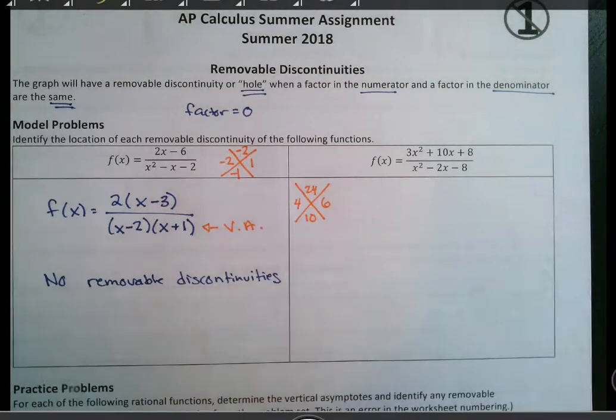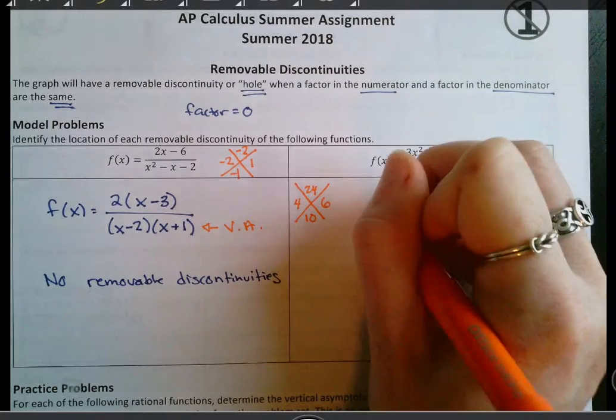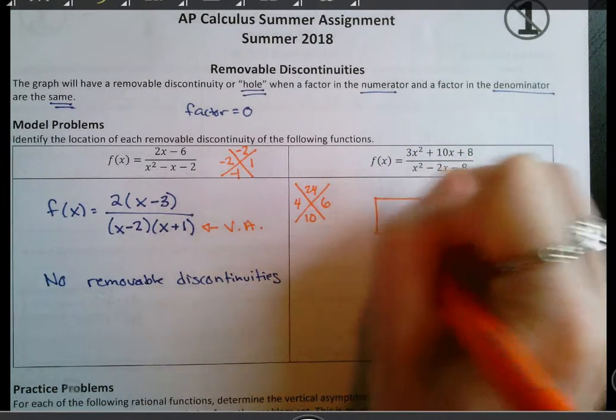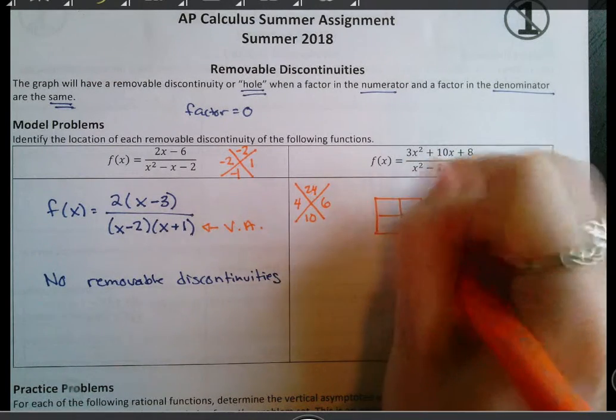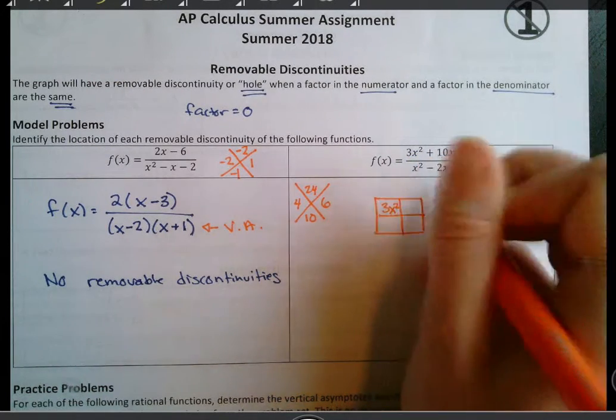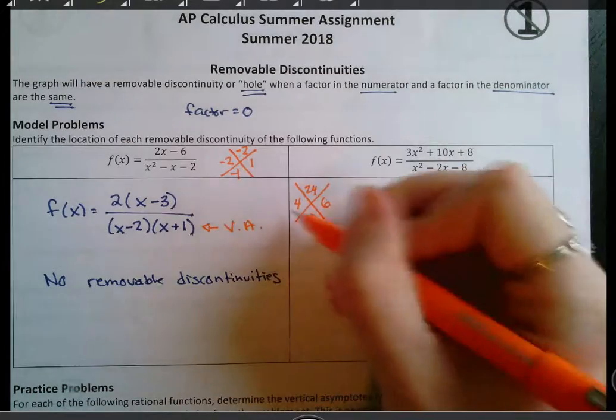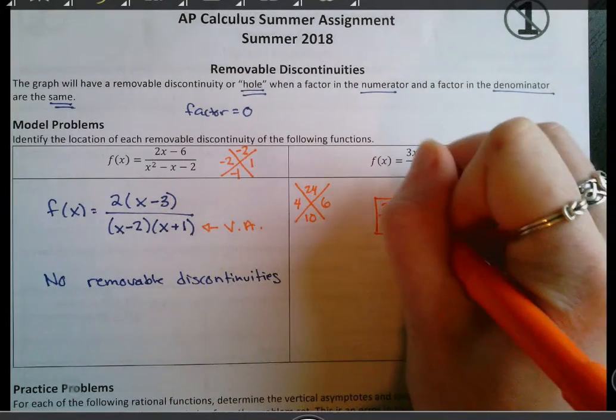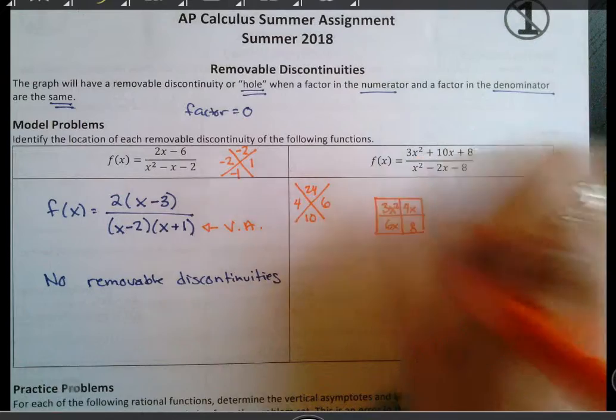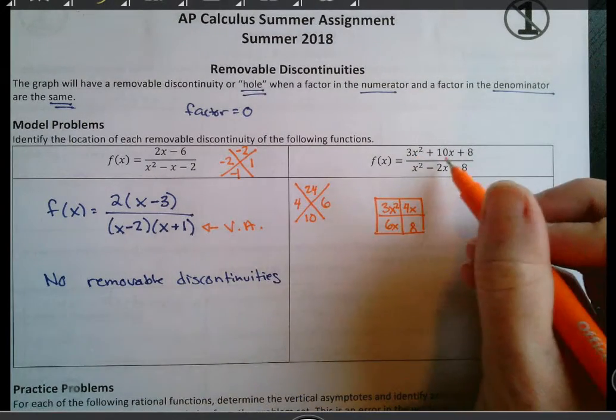But because of that 3 in front, we need to go back to that box and say, what would multiply to 3x squared? We're going to have the 8 here. And these are the numbers we use to fill in those other boxes, a 4x and a 6x, because if I combine them, we would get back to 10x.